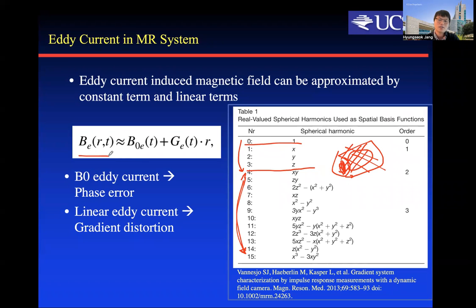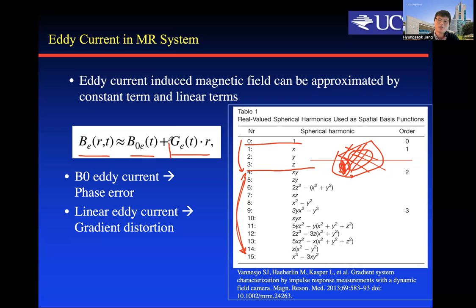So this eddy current induced magnetic field, let's say PE, is approximated by the sum of the P0 term, the zeroth order term, also called the B0 eddy current, and then the first order term, also called the linear eddy current, because this one just looks like a gradient field.